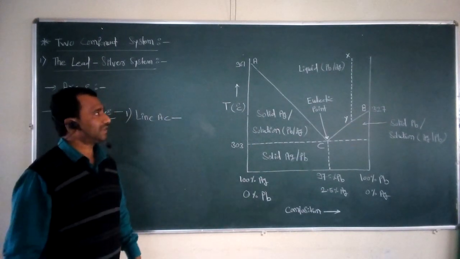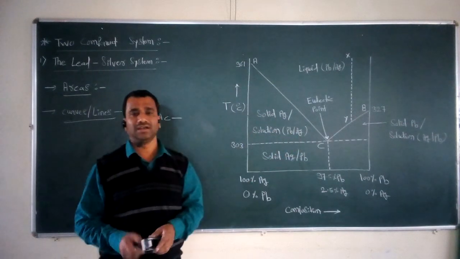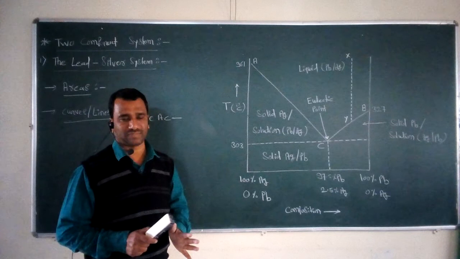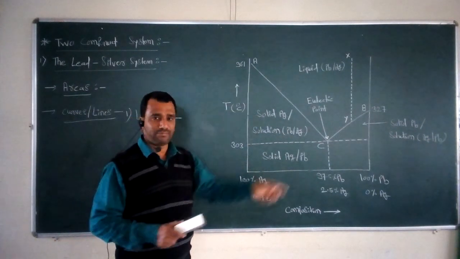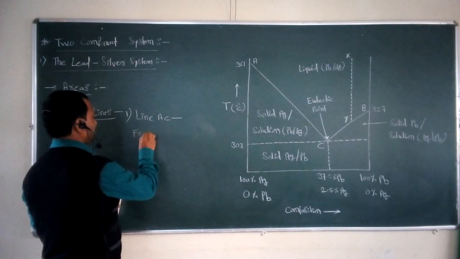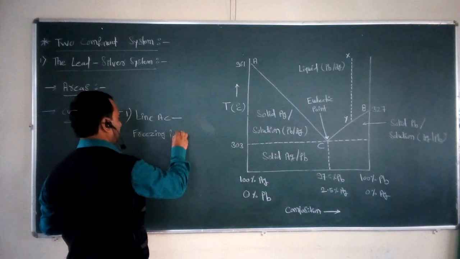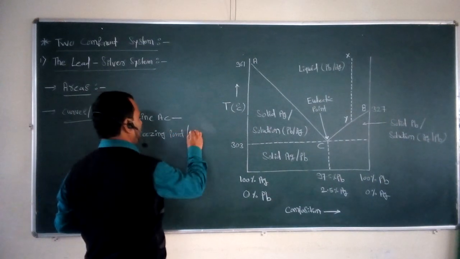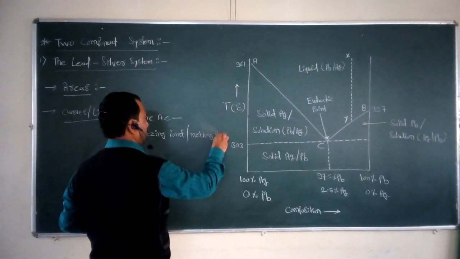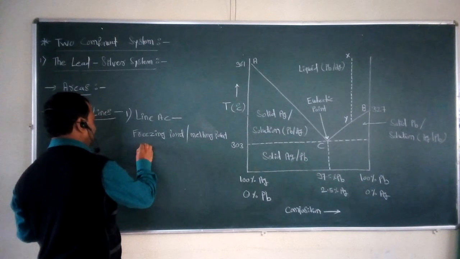Now, as far as this line or curve AC is concerned, it is called the freezing point curve, or the melting point curve. It is the freezing point or melting point curve of silver.